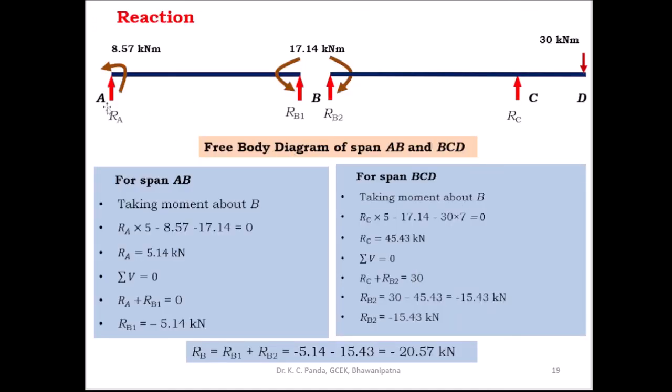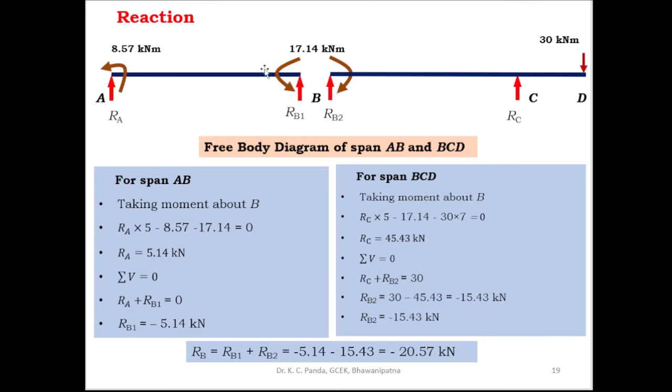By taking the individual spans, with the load given and the moments due to the load, find out the reaction at both ends of the spans AB and BCD.